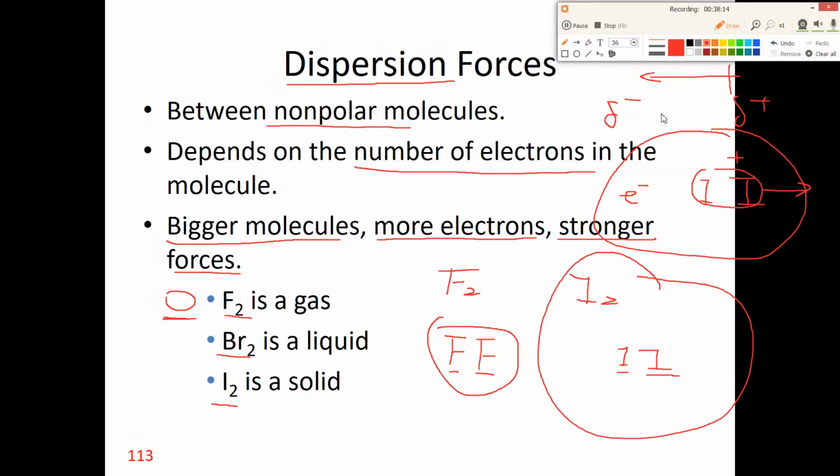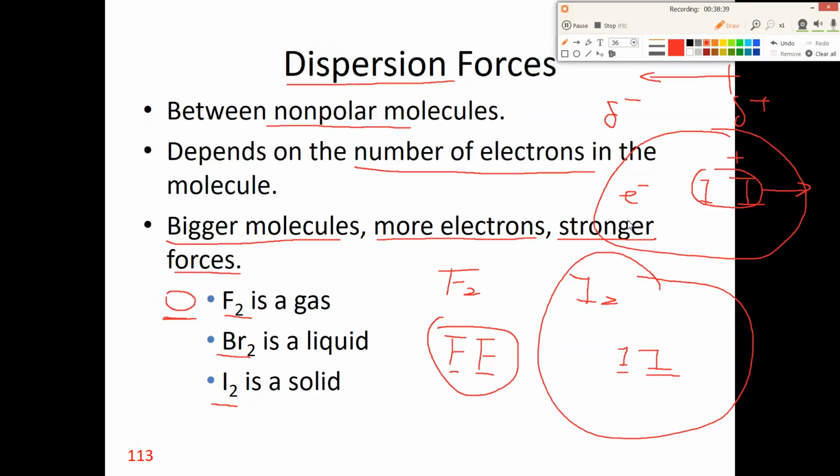However, it's not a permanent dipole. It's an instantaneous dipole, or temporary dipole. So that's the origin of dispersion force. For example, if you have two iodine molecules, the temporary dipole can interact with another temporary dipole. So that's the origin of dispersion force.